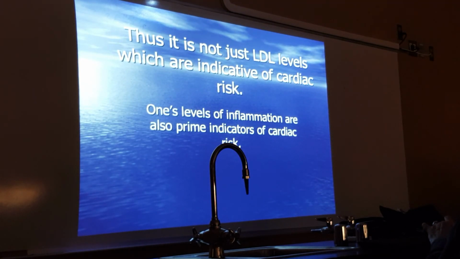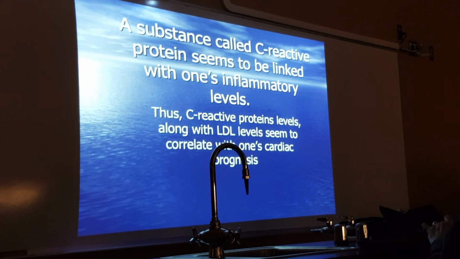Thus, it is not just LDL levels that are indicative of cardiovascular risk, it's your tendency to develop an inflammatory response. They've even developed a way to determine that. You don't have to know this, but if they really suspect that you're in this situation, they'll test you for C-reactive protein, which seems to be linked with one's inflammatory levels.